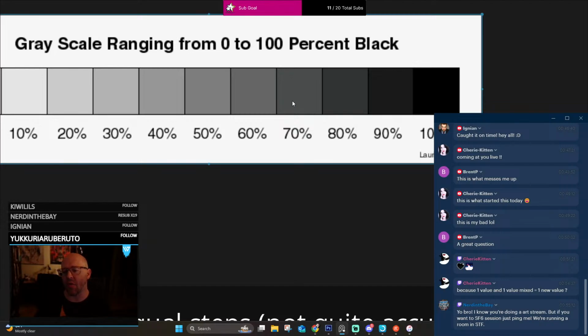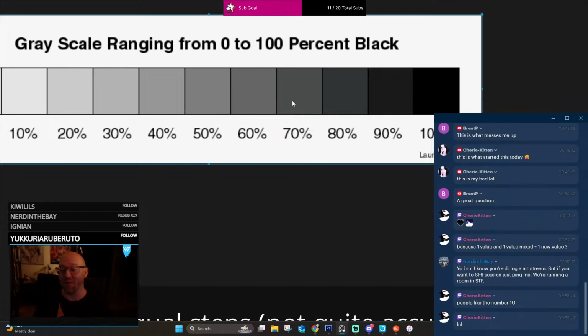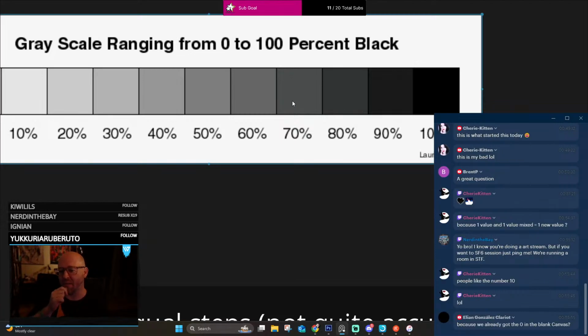And once I show you the inside of the matrix of it, you're going to be like that. Okay. So there's one. That's probably as good of a reason as the real reason. But there is structurally a reason why. Okay, so Alien says we already got the 0 in the blank canvas, so maybe.